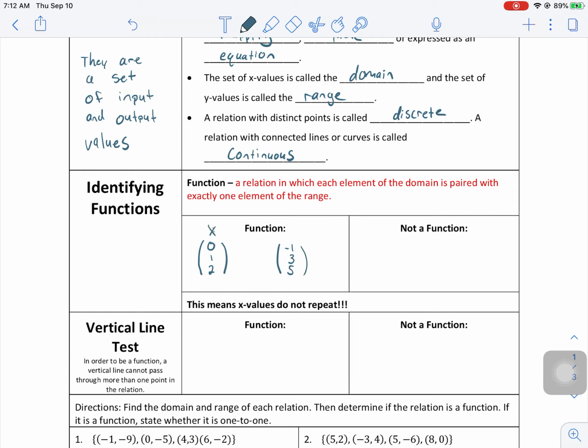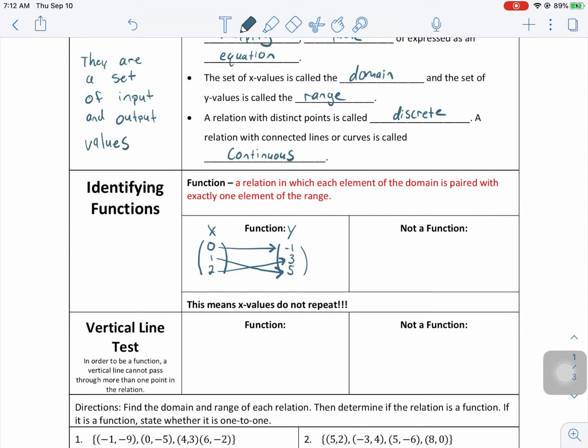So our inputs are our x's, our outputs are our y's. If we want this mapping to be a function, each element in the domain has to go to one of the elements in the range. So this mapping would be a function because each x has exactly one y.